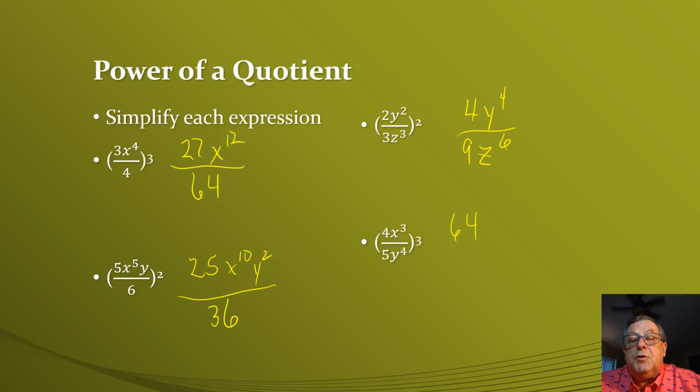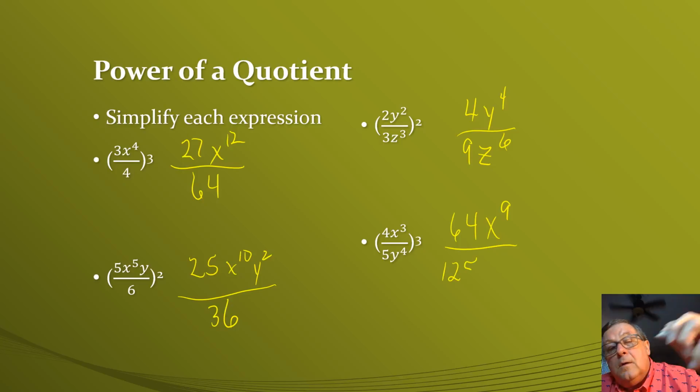And x cubed cubed, 3 times 3 is 9, so that's going to be x to the 9th. And that's going to be over, let's see, 5 cubed. 5 times 5 is 25, and 25 times 5 is 125. And y to the 4th cubed, 4 times 3 is 12, so that's going to be y to the 12th.